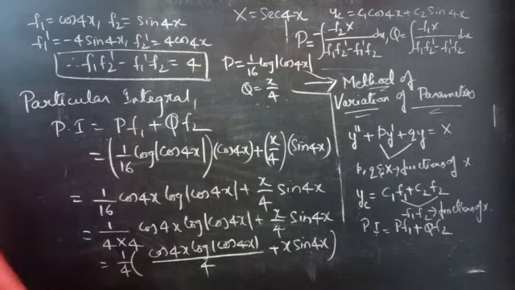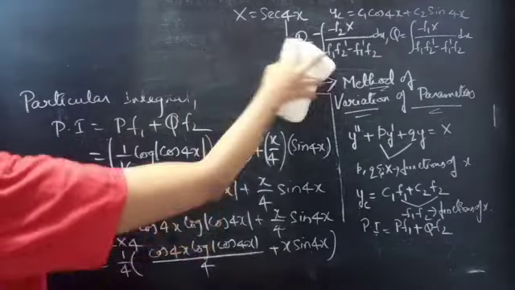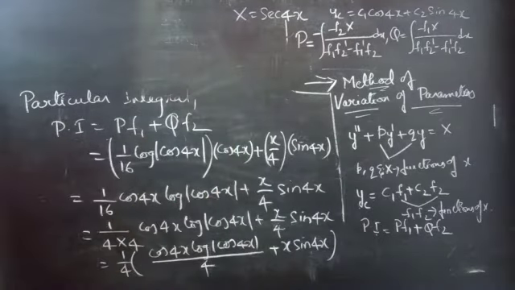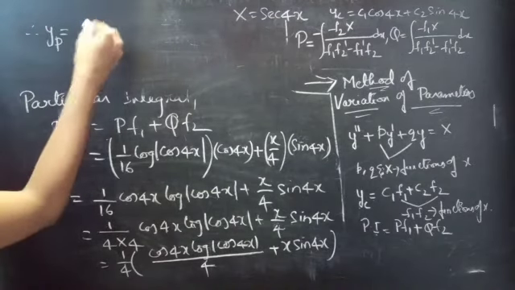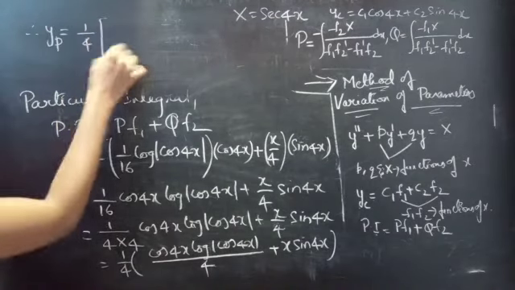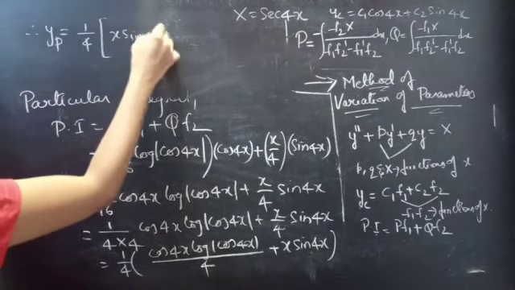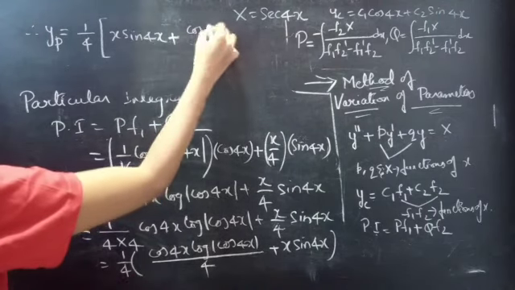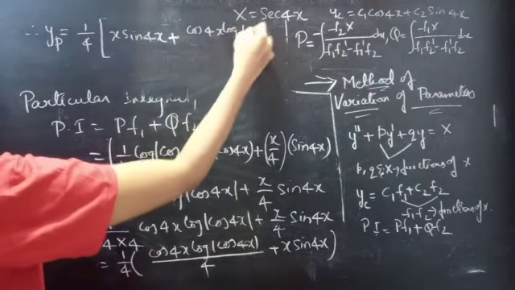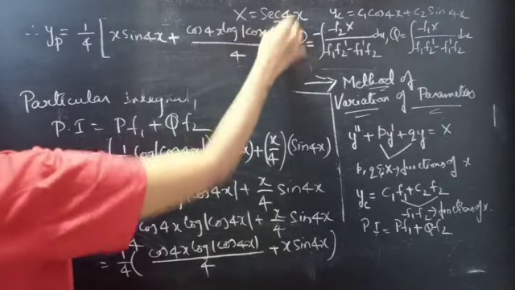So therefore yp equals 1 by 4 into x sin 4x plus cos 4x log mod cos 4x by 4.